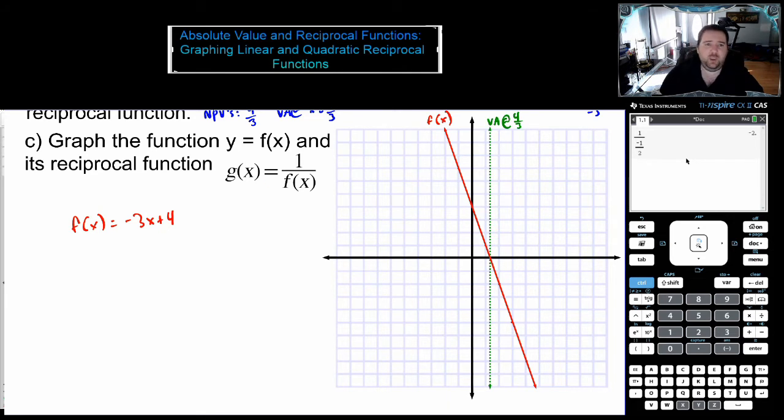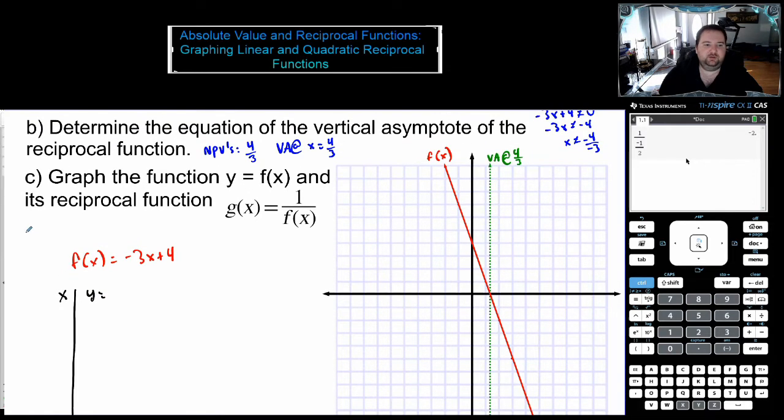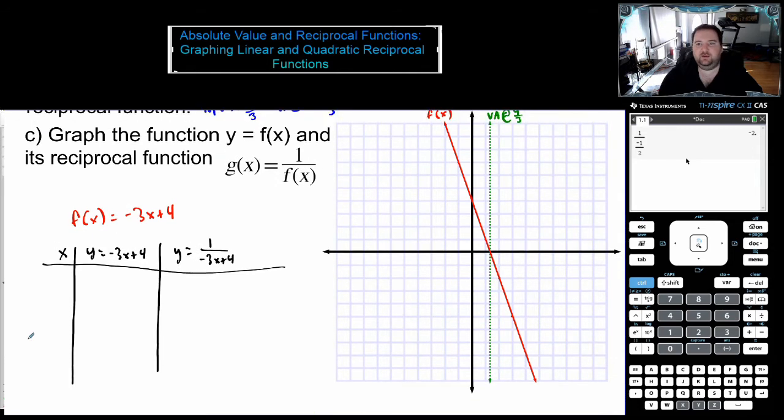So there's a few ways that you could do this. You could make a table of values. You'll want your x values, your y values for the function negative 3x plus 4, and you'll also want your y values for the reciprocal function. Try to pick points that kind of make sense.